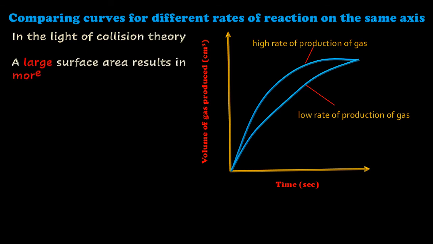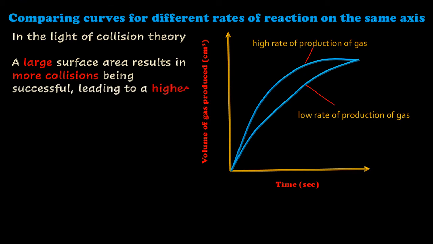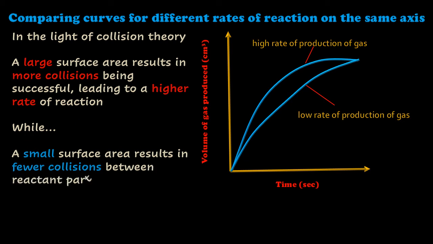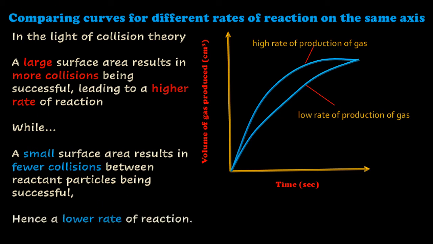Therefore, a large surface area results in more collisions being successful, leading to a higher rate of reaction. A small surface area results in fewer collisions between reactant particles being successful, hence a lower rate of reaction.